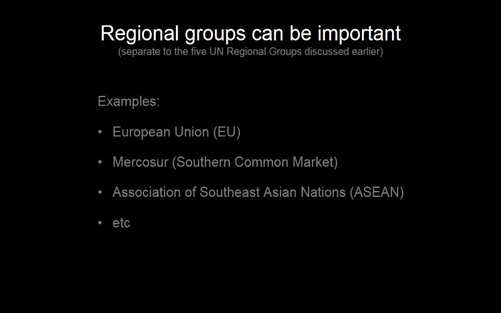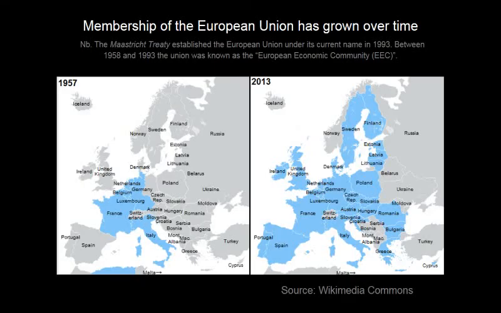Okay, regional groups can be important. The obvious example is the European Union, or EU. That's a group of countries which have come together to form a common framework for governance within their region. There's also the Southern Common Market in South America and ASEAN in Southeast Asia.